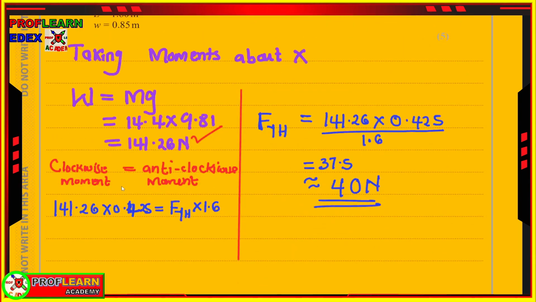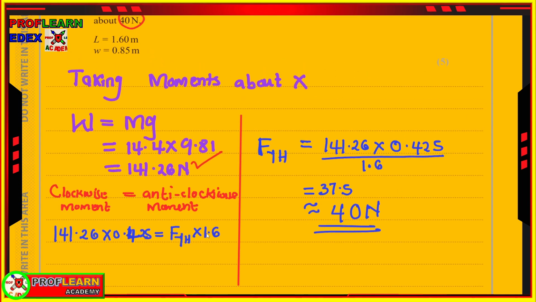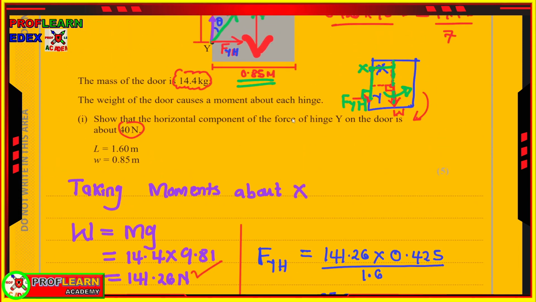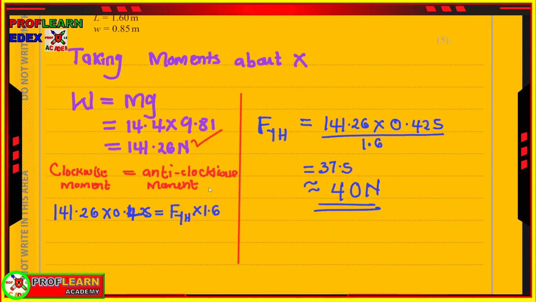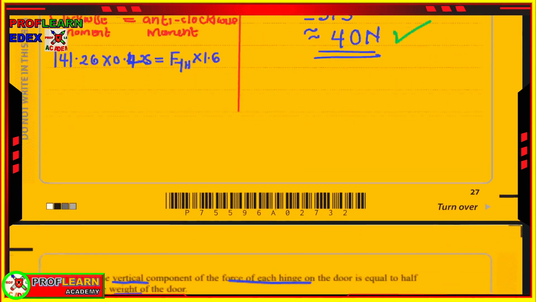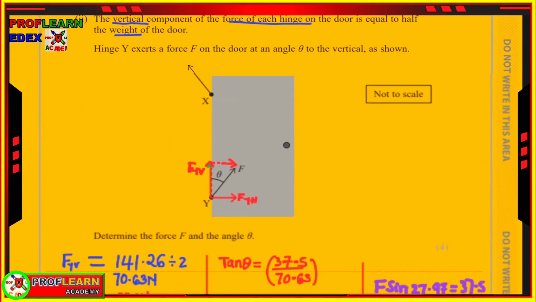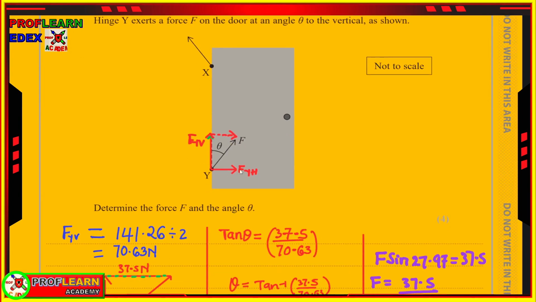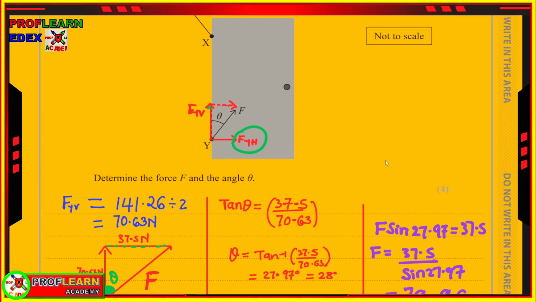Working it out, the force Fy in the horizontal direction is equivalent to 37.5 newtons. This same force can be transferred to this point.